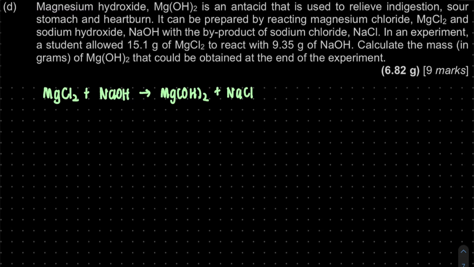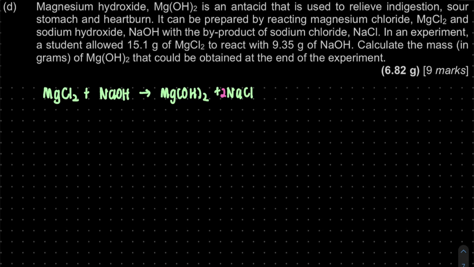But the one that is important is actually the second one, on how to write the equation itself. Okay, so once you have written down the equation, check whether it's balanced or not. Here, as you can see, first I'm going to check my magnesium is balanced. My chlorine here is 2, chlorine here is 1, so I'm just going to write down 2 NaCl.